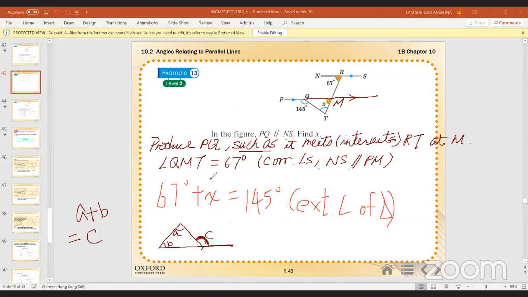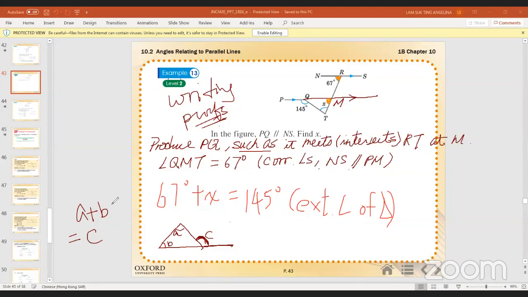Right. Now I think we have finished the revision on this part. Session 2 of chapter 10. You have to make sure that you understand session 1 and session 2, because in session 3 we are going to do some proof. Writing proof in session 3, the next session. I'm going to start tomorrow. If you are not familiar with session 1 and session 2, then you may have a bit of problems if you are asked to write a proof.